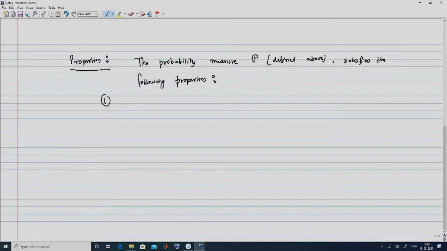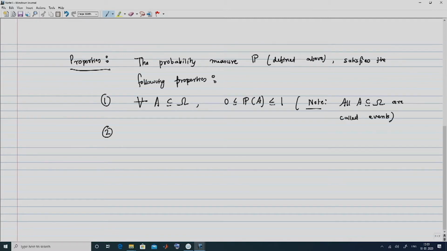The first property it satisfies is that for all A in omega, that is all subsets of omega, the probability measure of A will lie between 0 and 1, both included. Here I make a note that all such A which are subsets of omega are henceforth going to be called events.